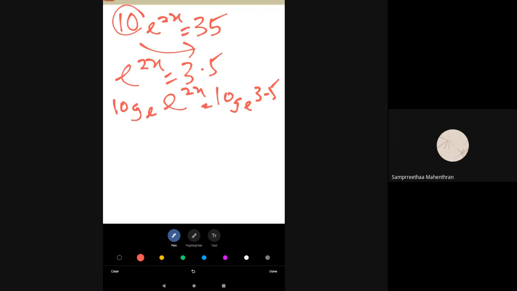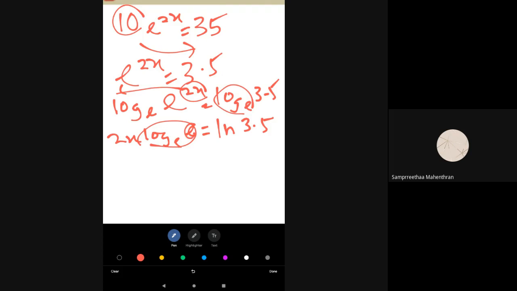Okay, so this index will become 2x log e e equals ln 3.5. Why ln? Because log e is ln. Next, log e with the base e and this value are the same, so it will become 1.